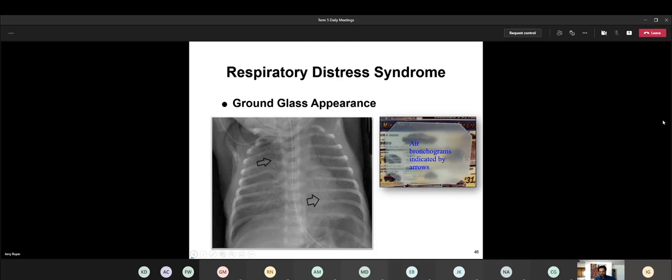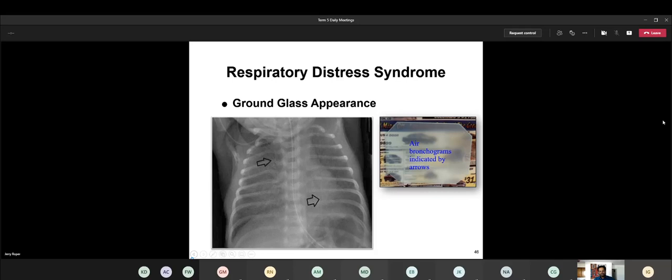And then those arrows there are pointing out air bronchograms, meaning that they show up because of what's going on. Normally, of course, we know air is inside of the airways, and it would show up as black. But usually, there's not enough contrast to be able to make them out this clearly.